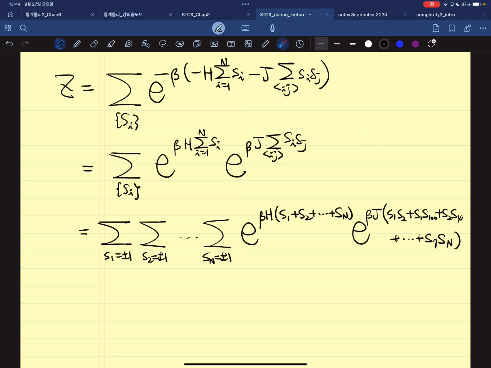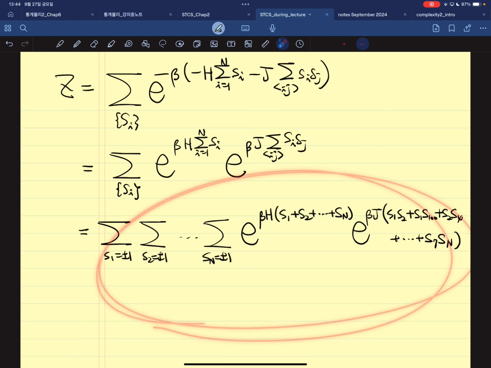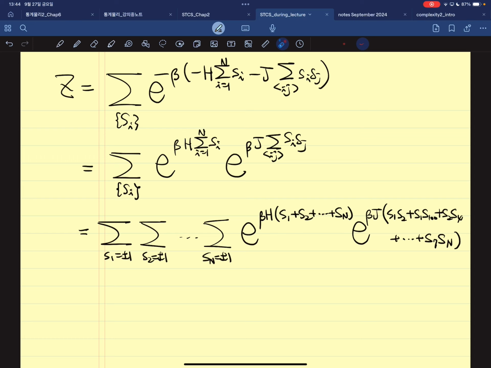So we have to calculate this. That is the problem. That is why we cannot just solve it here and end the semester, because this is just too complicated. Frankly speaking, except for very few simplest cases, it's impossible to calculate this exactly.